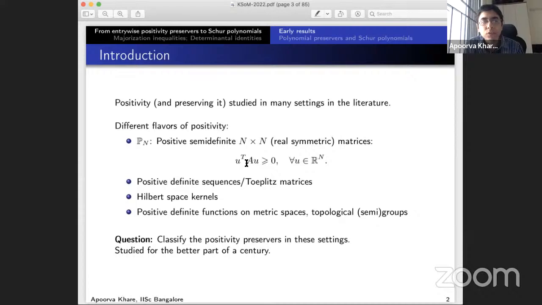That already tells you some relations among the class of functions that preserve positivity. They're closed under taking positive multiples, sums, basically positive linear combinations. And similarly, the class of such matrices is closed under taking pointwise limits, or entry-wise limits. So the class of functions is closed under taking pointwise limits.